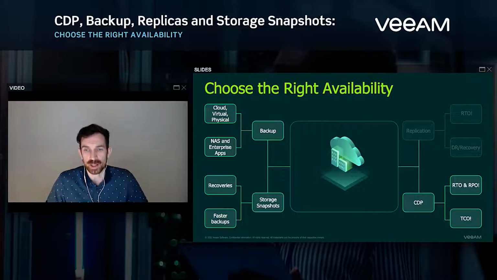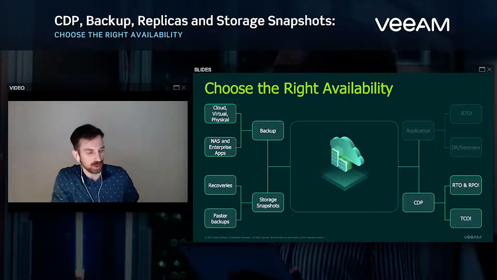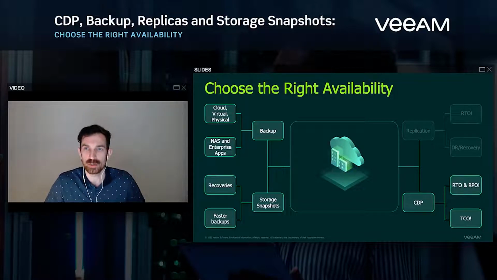So we replicate the data from one site to another and have it in a ready state, so whenever anything happens with the production environment, you are able to fail over to the disaster recovery site. This is a new technology to us.